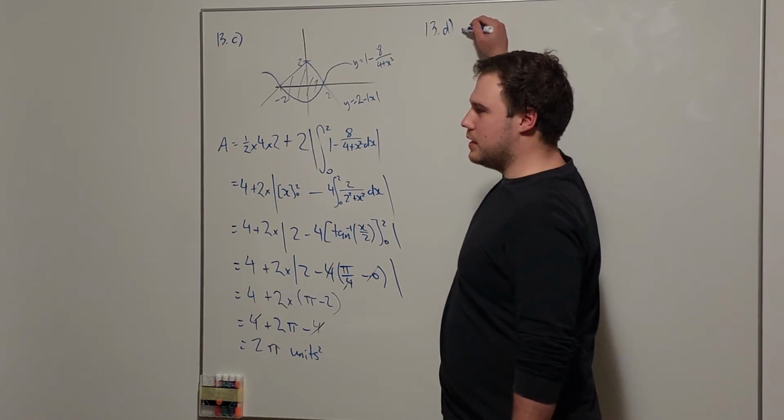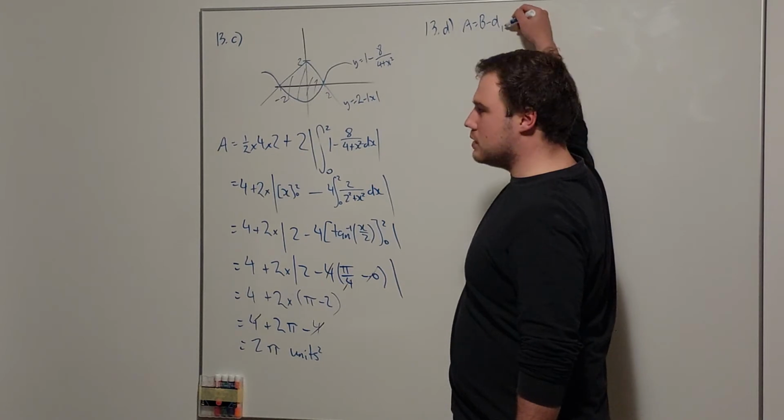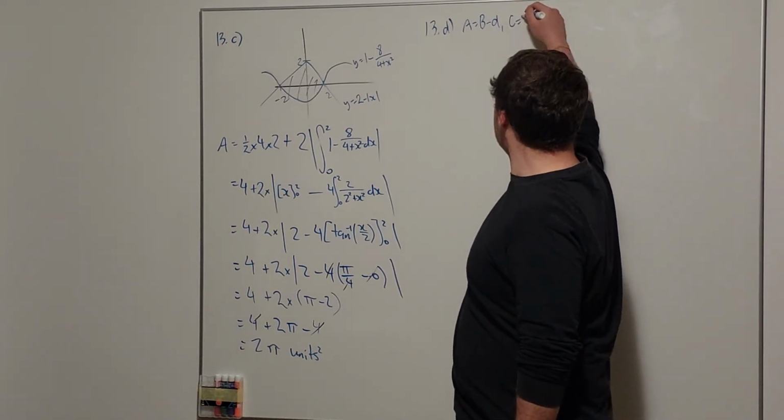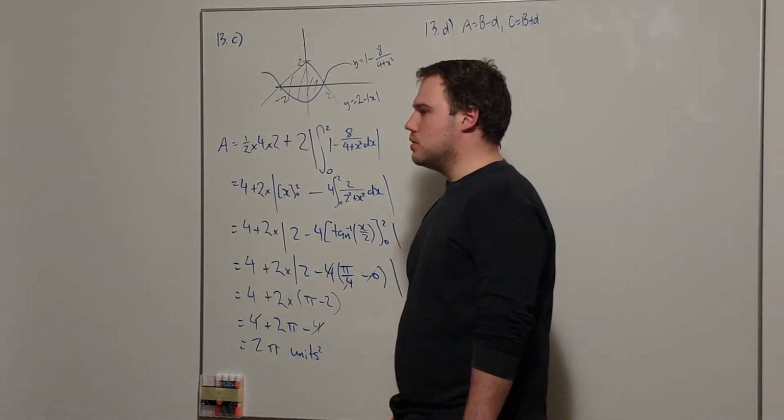The numbers A, B, and C are related by the equation A equals B minus D, and C equals B plus D, where D is a constant.